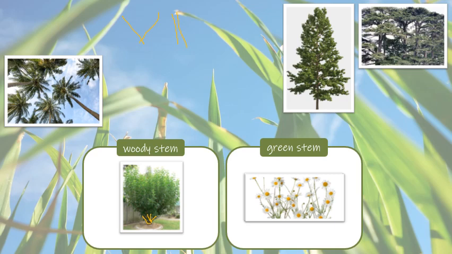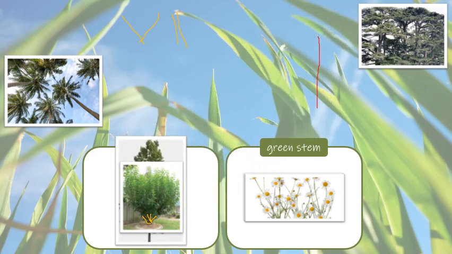What about the tree? We can clearly see the stem of the tree. Is it green or made of wood or woody? What do you think? This tree has a woody stem. Great. What about this? Look at the stems of these trees.